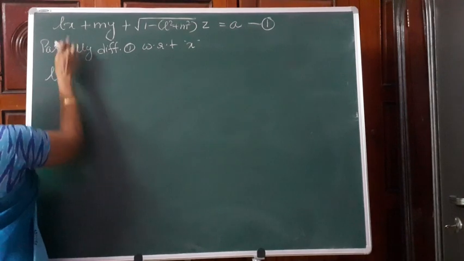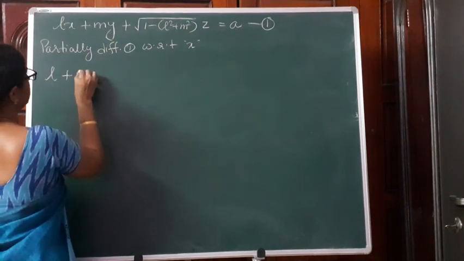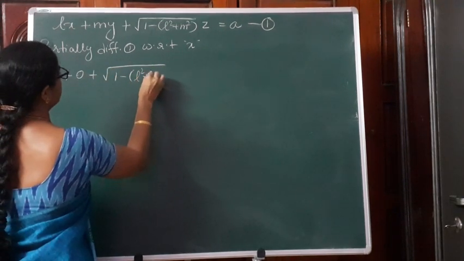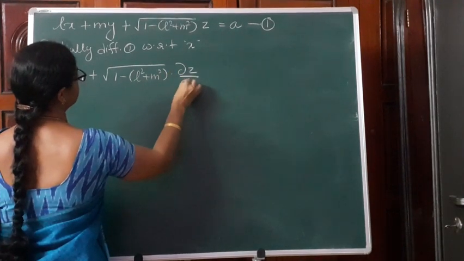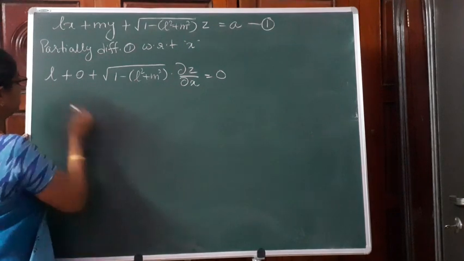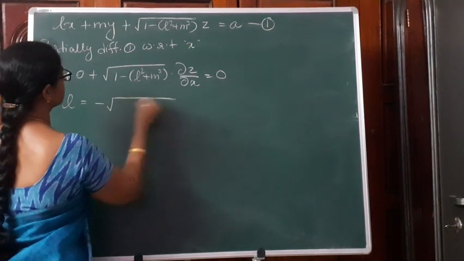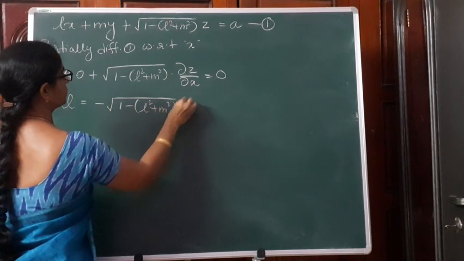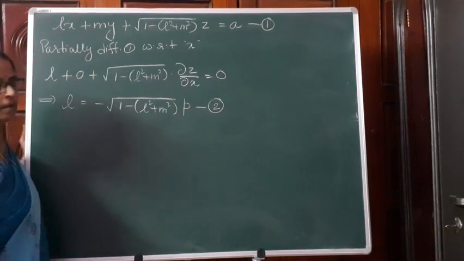L, derivative of x is 1, derivative of y is 0, so it is 0 here, plus square root of 1 minus (L square plus M square) into derivative of z, dou z by dou x, is equal to derivative of A, which is 0. That means L is equal to minus square root of 1 minus (L square plus M square) into p. Let us call this equation number 2.